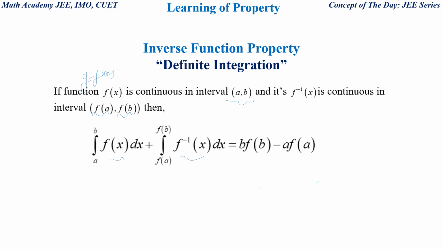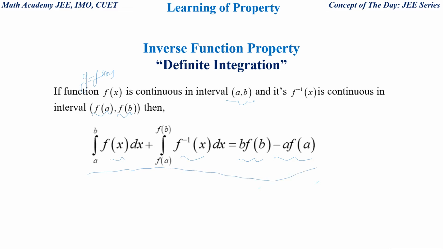The integral of f(x) dx from a to b plus the integral of f inverse x dx from f(a) to f(b) will be equal to b times f(b) minus a times f(a). So this is the statement of the property.